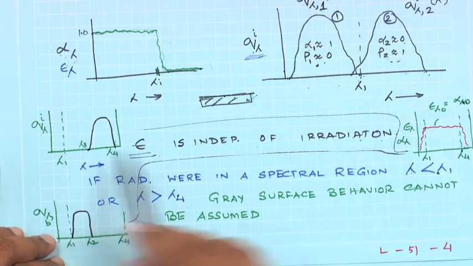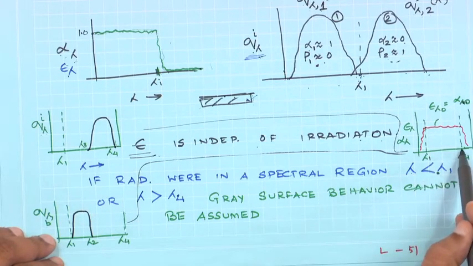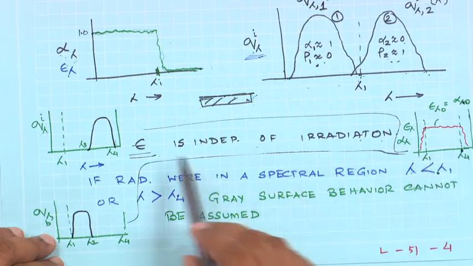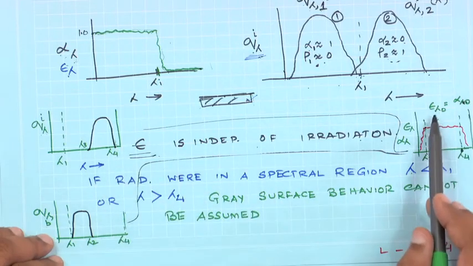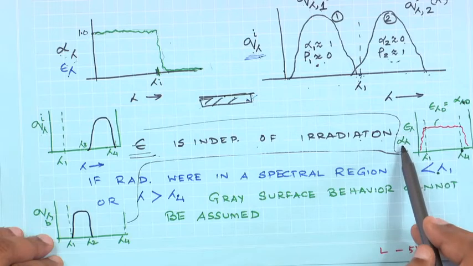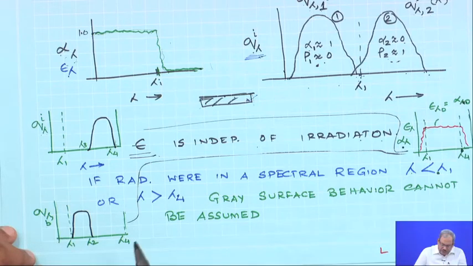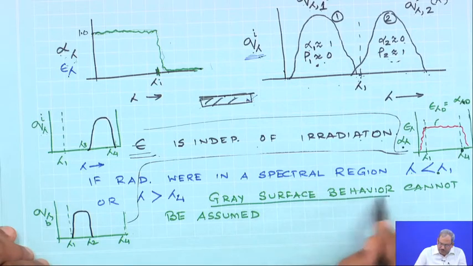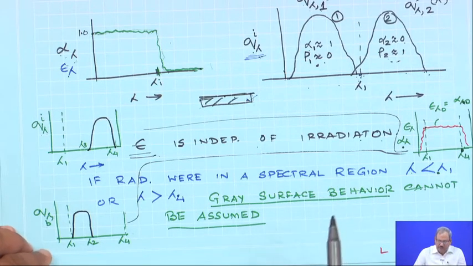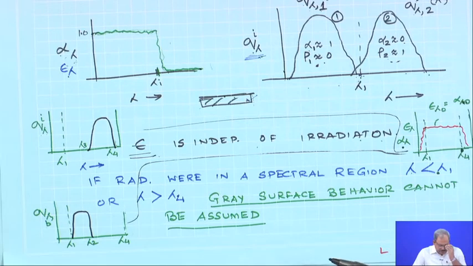So, if you have radiation within lambda 1 and lambda 4, then we can say that overall emissivity and overall absorptivity are going to be the same. However, if you have irradiation that is before lambda 1 or after lambda 4, that means in this or in this region, then gray surface behavior cannot be assumed. So, this is something which we have to keep in mind, but I think the issue would be more clear when we solve a problem.